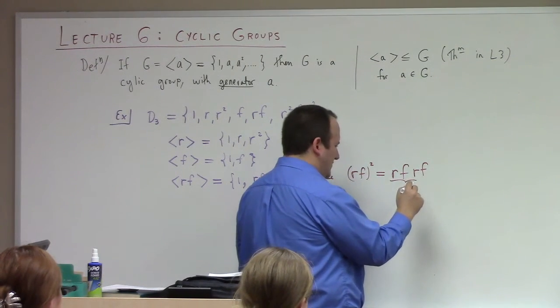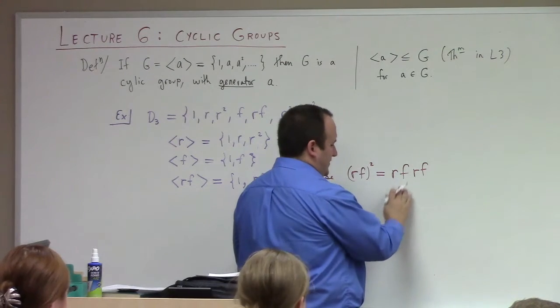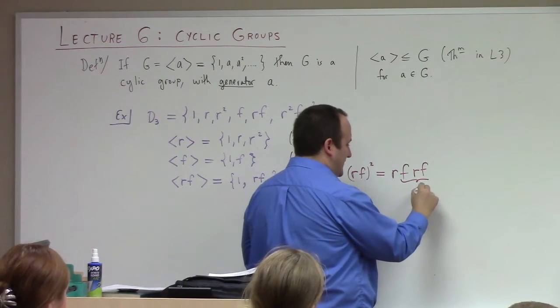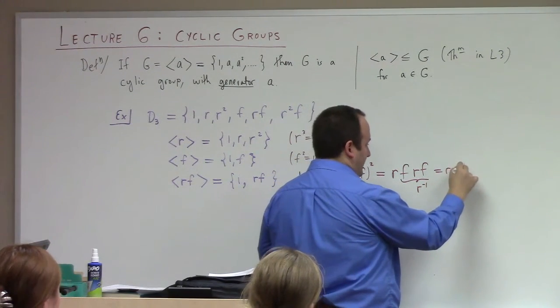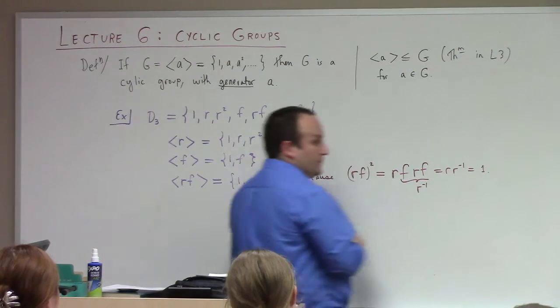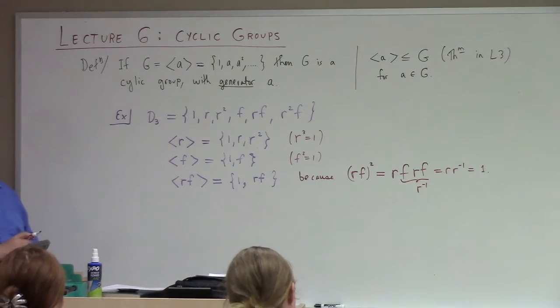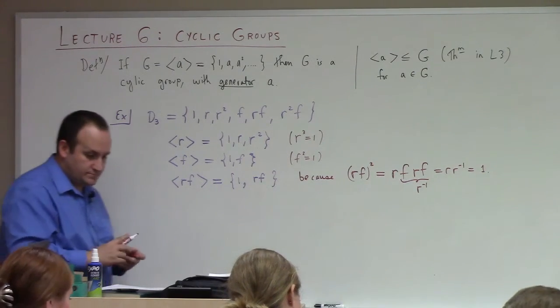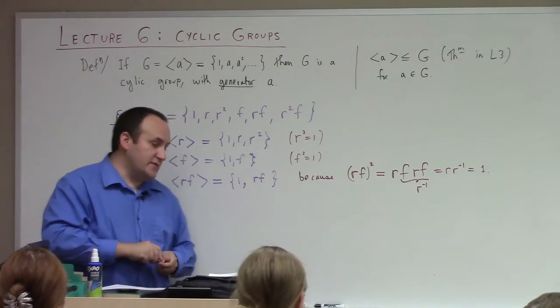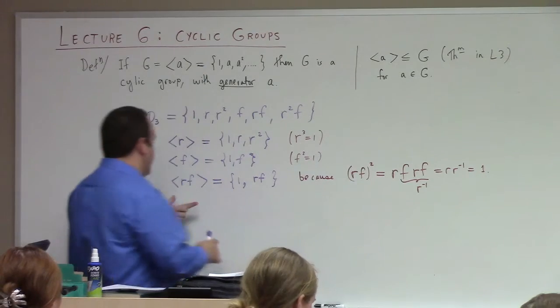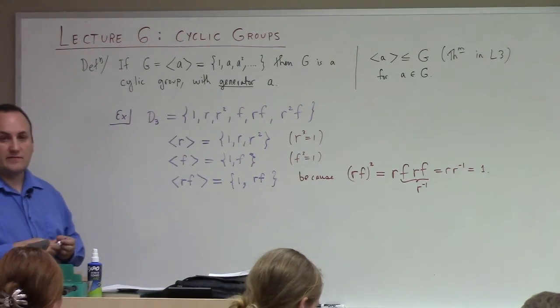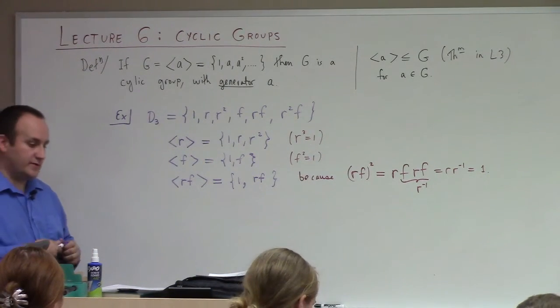Sorry, wrong way. This is r inverse, so we get r inverse, which is 1. So in fact, the element rf has order 2. One of the things we'll prove today is that the order of an element is the order of the cyclic subgroup which it generates. That's one of the theorems we'll prove today.